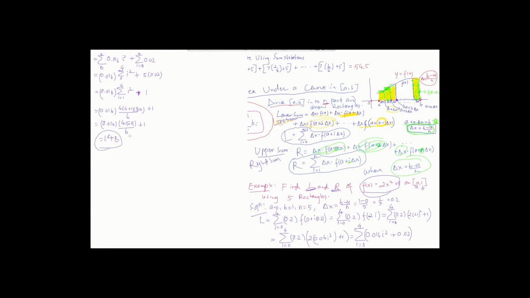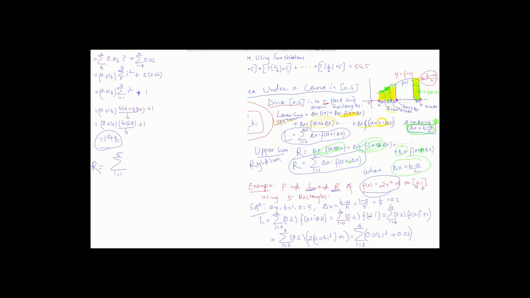This is the left sum of the rectangles, taking the left side as the height of the rectangle. So how do I find out the right sum? What is the formula for R? The formula for R is summation, right? It starts from i equals 1 through n, right? N is how many? N is 5 here. You see that? So the left sum starts from 0 through 1 less than the number of rectangles, that is 0 through 4.